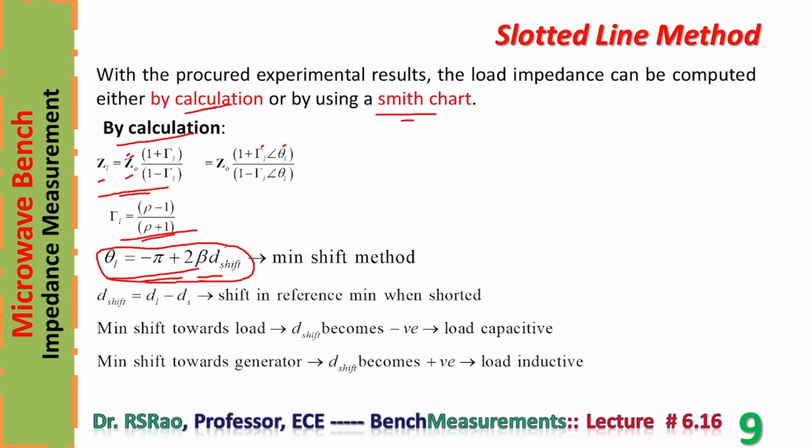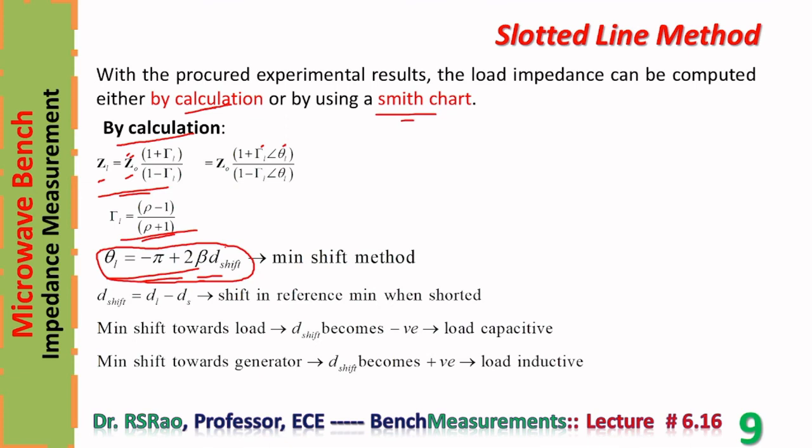If the load is inductive, the first minimum exists at one distance. If the load is capacitive, the distance of the first minimum is different. Even when the load is inductive, different amounts of inductive loads give different distances to the first minimum.